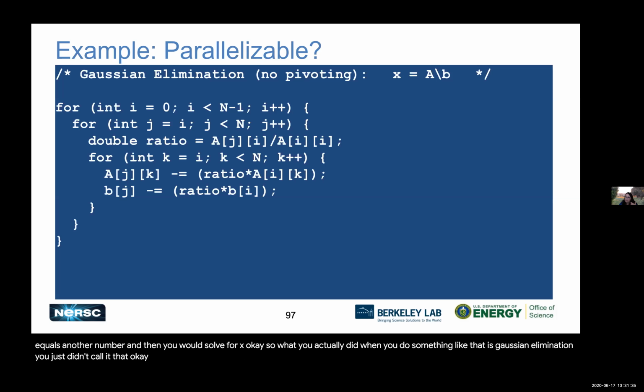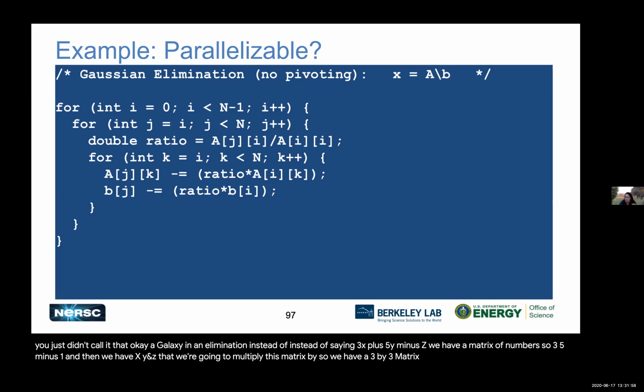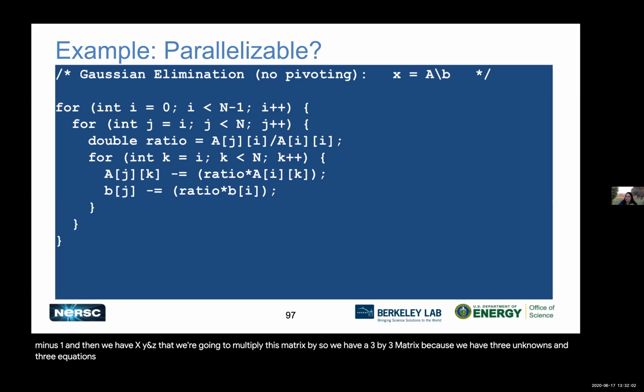In Gaussian elimination, instead of saying 3x plus 5y minus z, we have a matrix of numbers. So 3, 5, minus 1. And then we have x, y, and z that we're going to multiply this matrix by. So we have a 3 by 3 matrix because we have 3 unknowns and 3 equations.